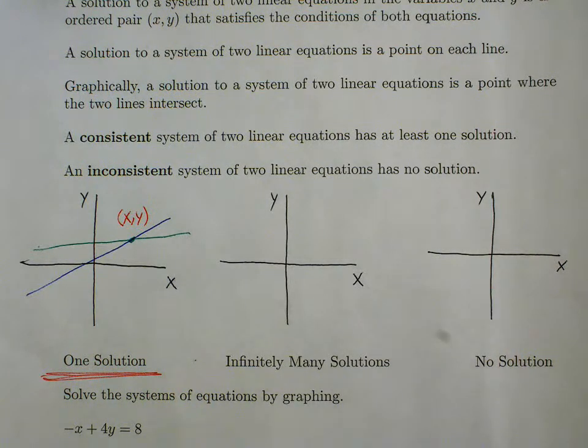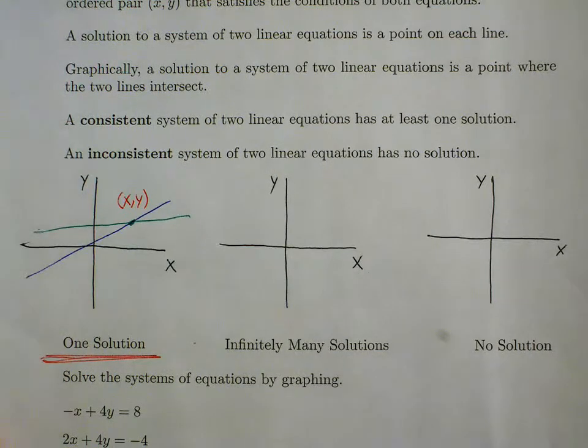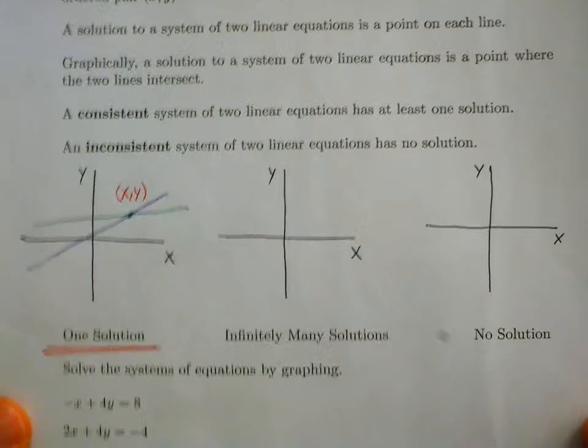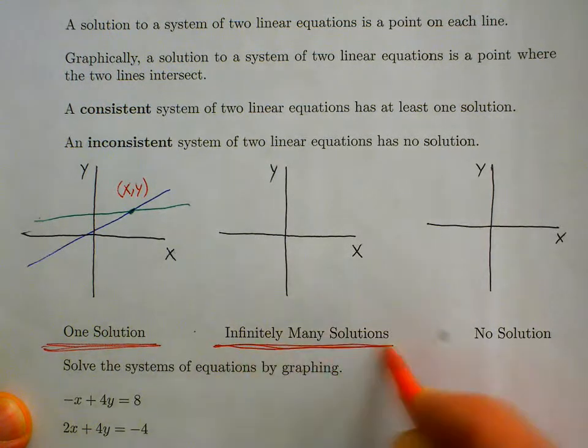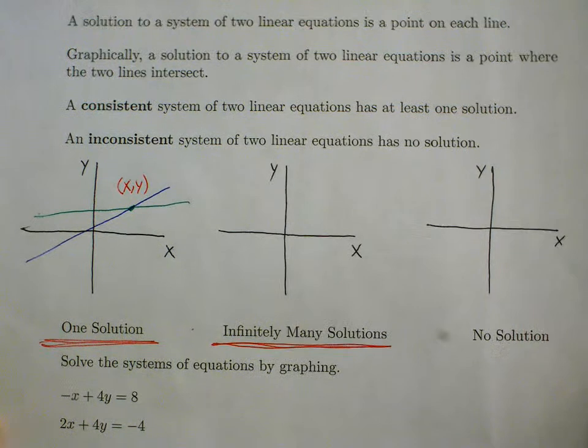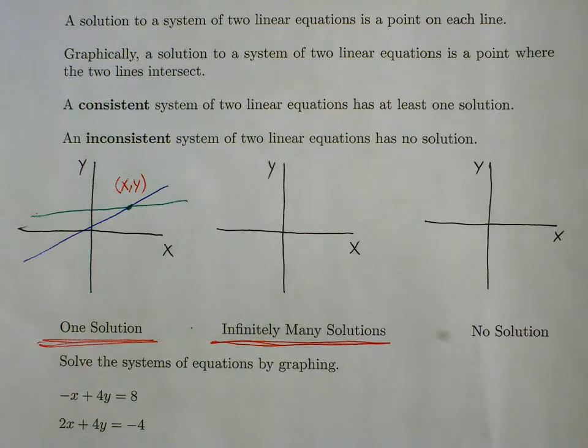Okay, so that seems pretty straightforward. What about a system of two linear equations that has infinitely many solutions? So if you graph two straight lines and the number of intersections is infinite, then what has to happen, do you think?